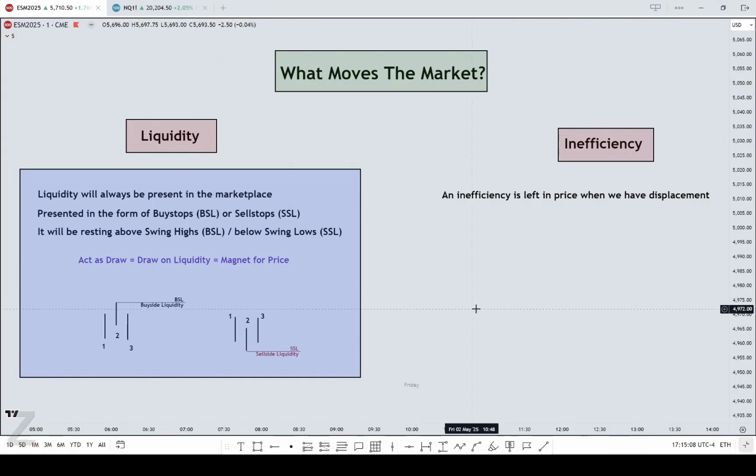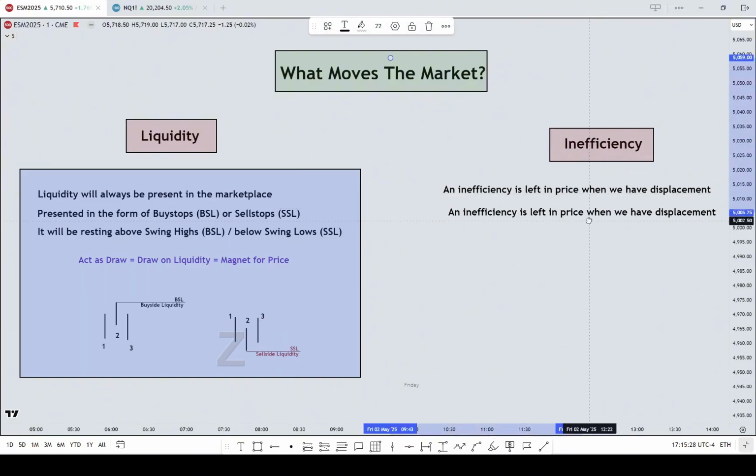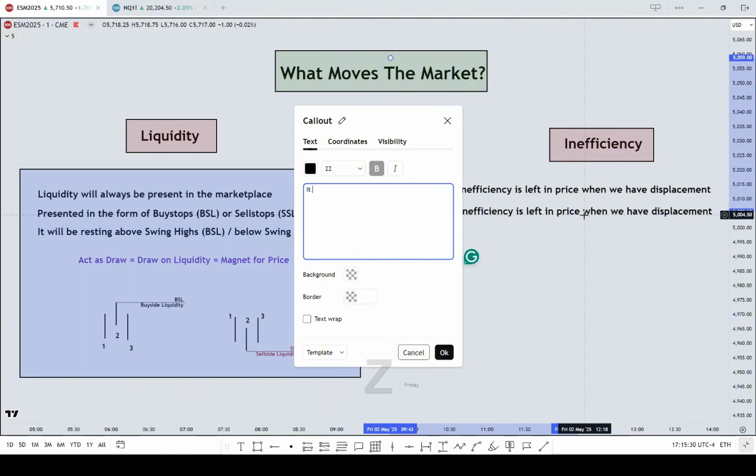It can be a holiday, where the first hour or so until 12 is normally very choppy. The market is still moving, but you might not have an inefficiency on the time frame you're looking at, though you will always have liquidity. So an inefficiency needs displacement to be created. Then it is basically a void gap.